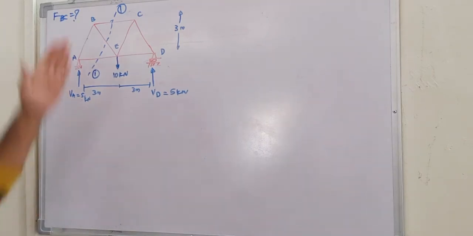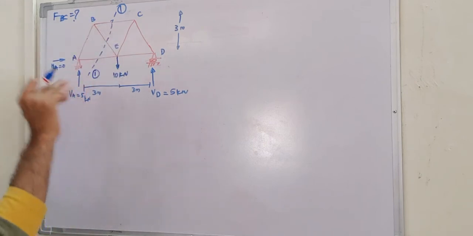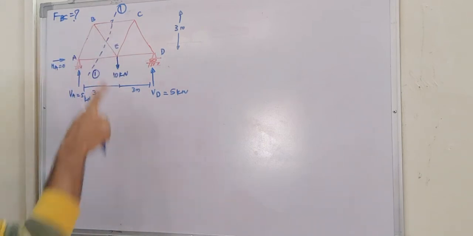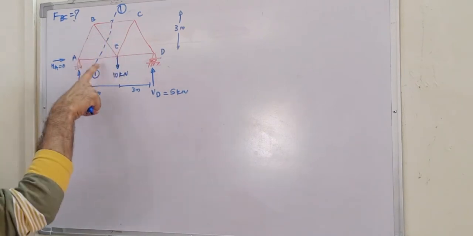What we need to do is cut the section at 1-1, where the member BC is also cut. You have to cut it in such a way that, first, the cut section should have the member on which the force is asked. Second, a maximum of 3 members should be cut.